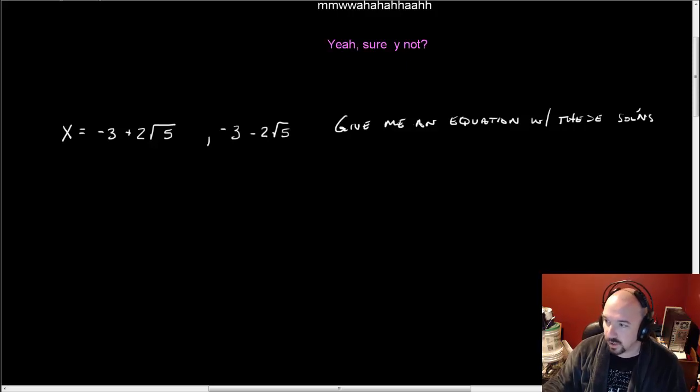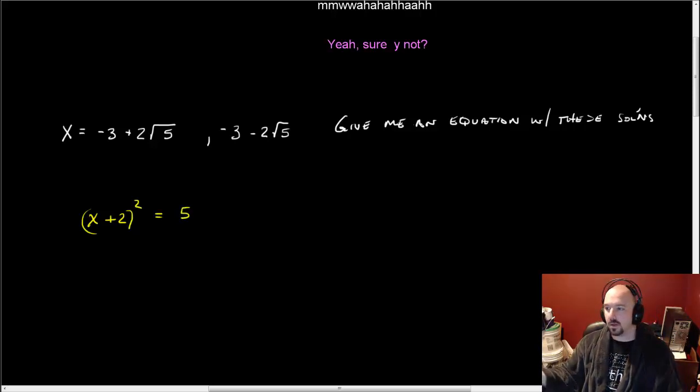If we take a really simple version here, we can see something like we got to a point and we're like, hey, this is x plus 2 quantity squared is equal to 5. So we got to this point. And then we took the square root of things.